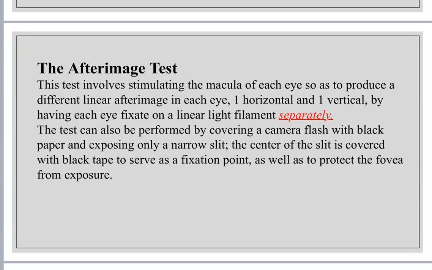Here in the after image test, which is not written in Kanski, let's go for this. I'm seeing a flash of light by one eye, which is vertical. I'm seeing this by the right fovea in a patient with strabismus from the start, and I'm seeing this by the left fovea. In cases of normal retinal correspondence, they are seen separately.